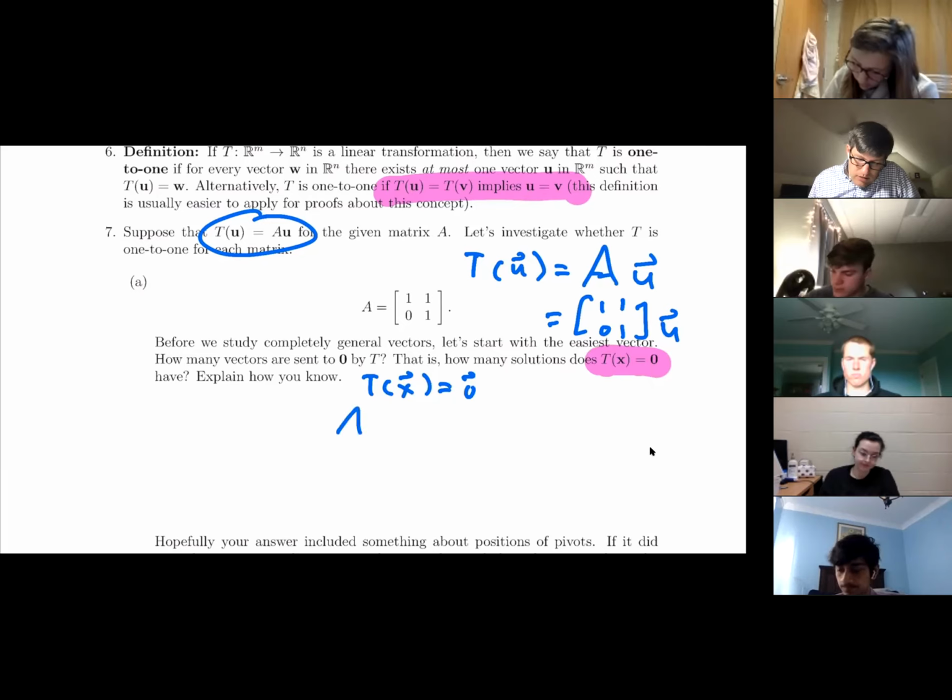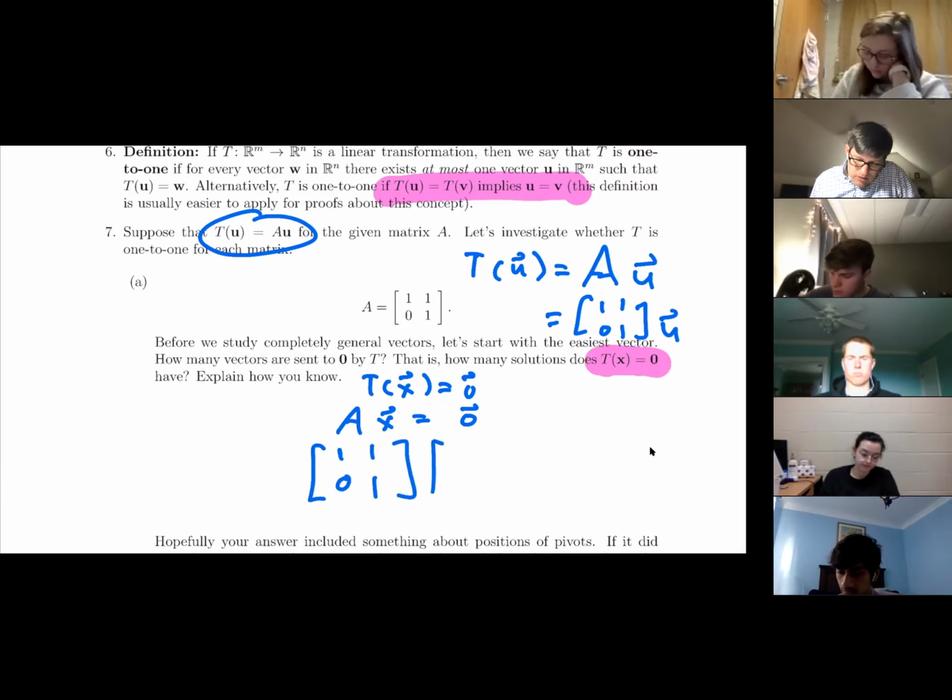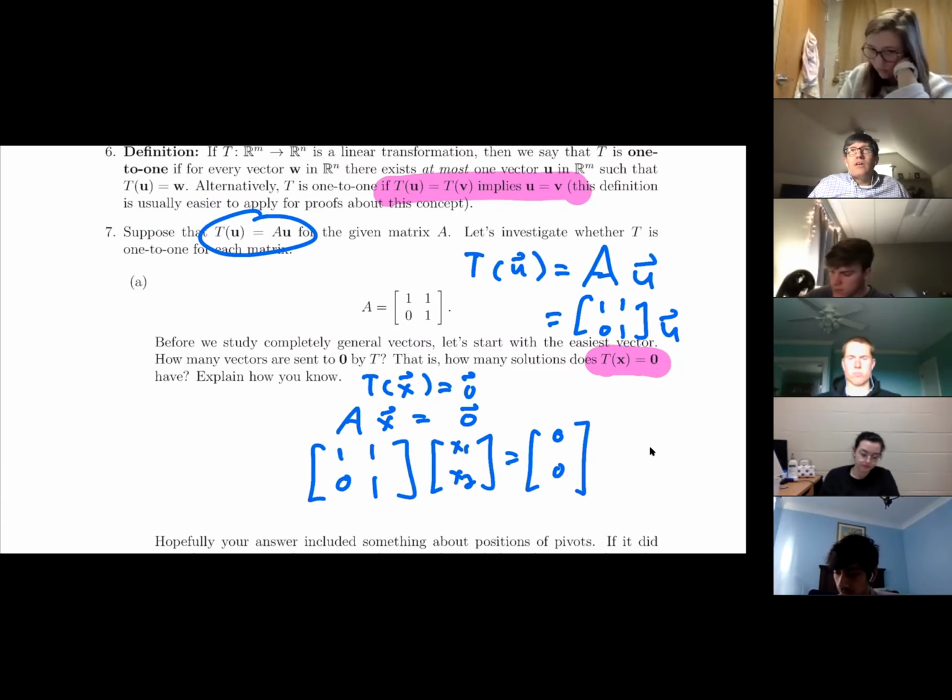I'm just rewriting things in different forms. I want to point out that I'm not asking what the solutions are. I'm only asking how many solutions are there. How many solutions do I have to this system that I have written down, and how do you know?